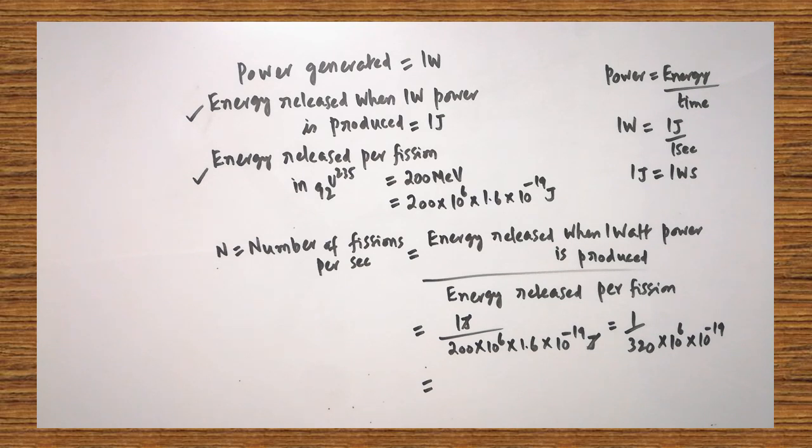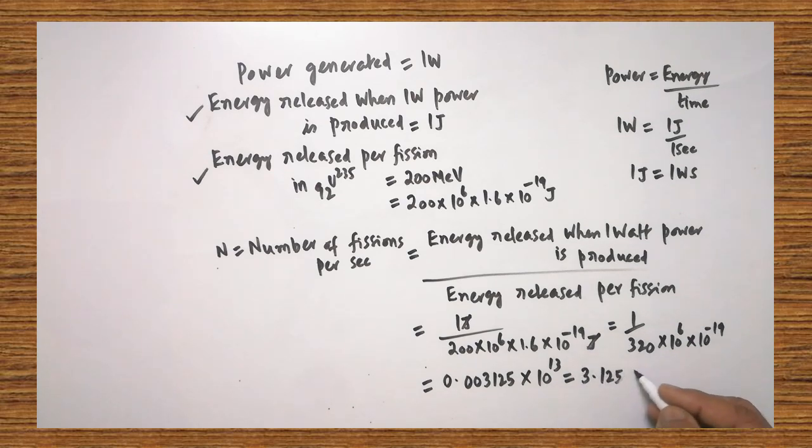1 divided by 320 is equal to 0.003125. Here, if it is simplified, you will be getting 10 to the power of minus 13. If it is brought up, that becomes 10 to the power of plus 13. So after simplification, the answer becomes 3.125 into 10 to the power of 10.